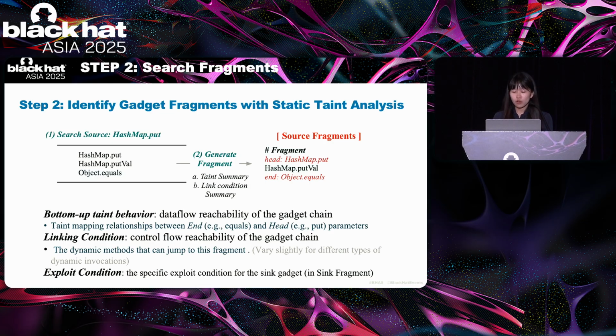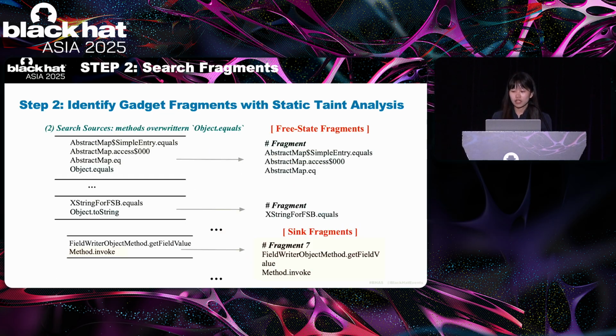For example, which parameters must be tainted, that means must be controllable by the attacker when invoked. And then JDD searches for the subsequent gadget fragments using all unsearched implementations of the dynamic method as a new source. And finally, we can obtain 3 categories of fragments and begin bottom-up chaining.